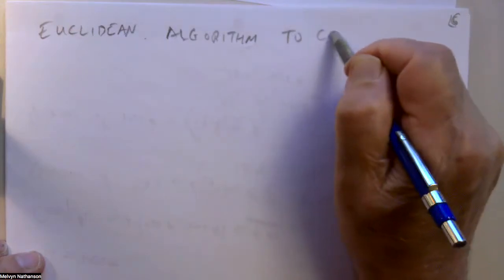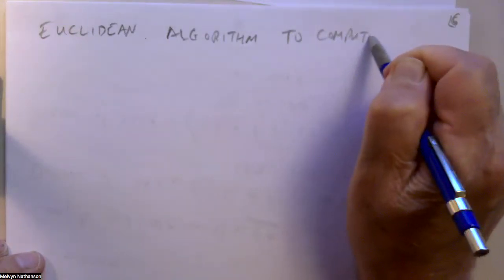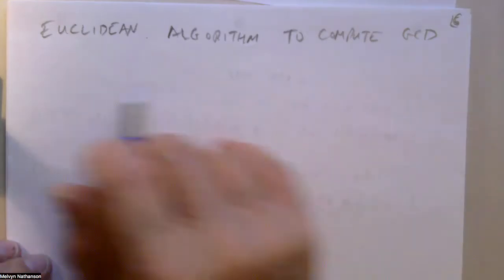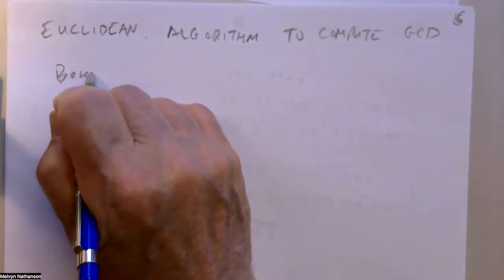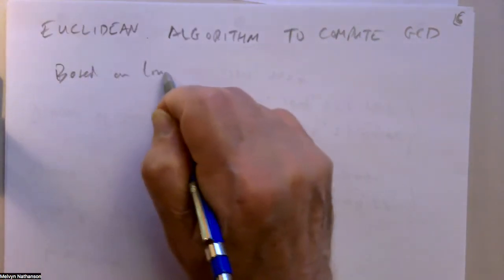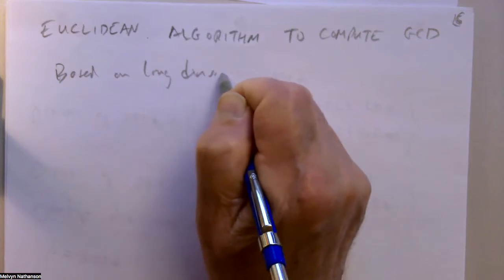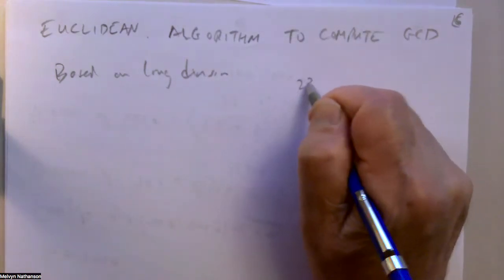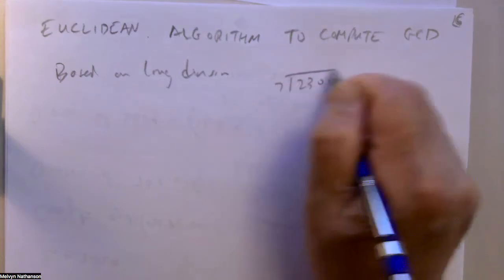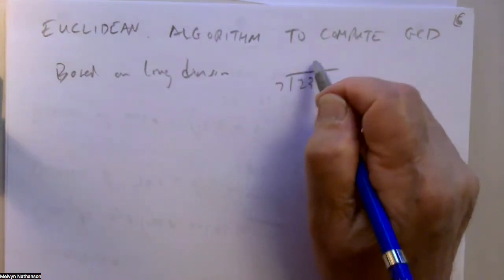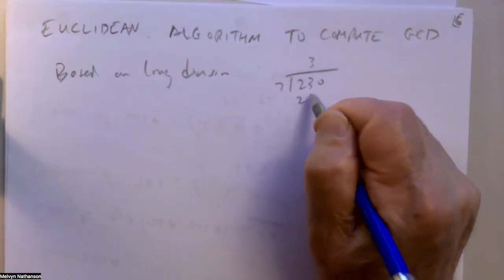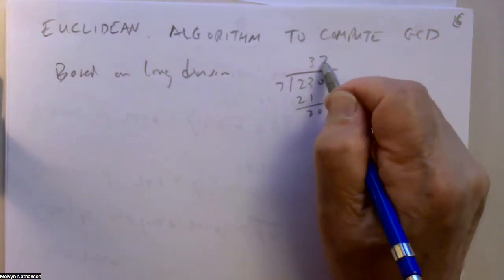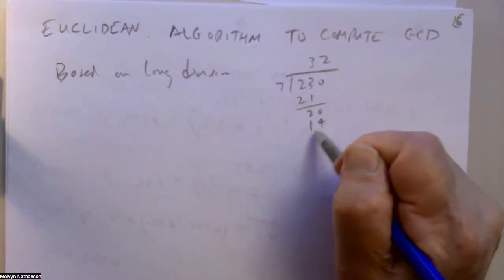To compute greatest common divisors. And it's based on long division. So for example, if you have the number 230, you divide it by 7. So this goes in 3 times, 3 7s is 21. 2, bring down the 0, 7 into 20 goes twice. 2 times 7 is 14.